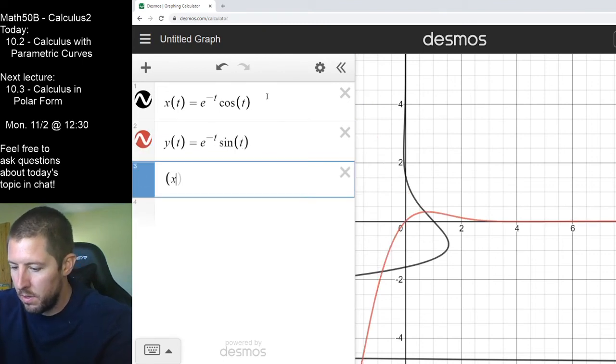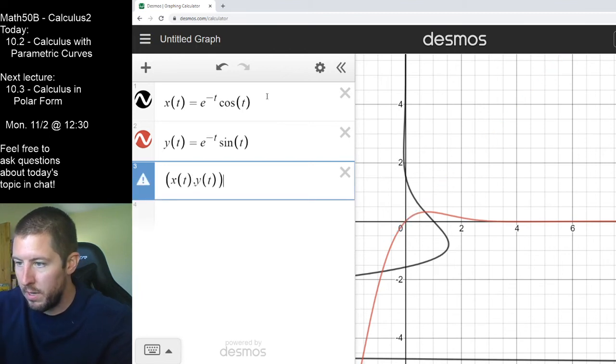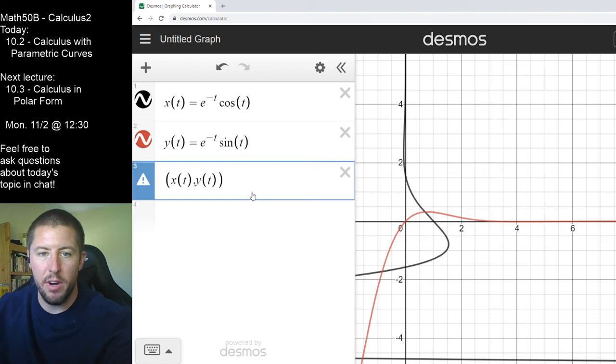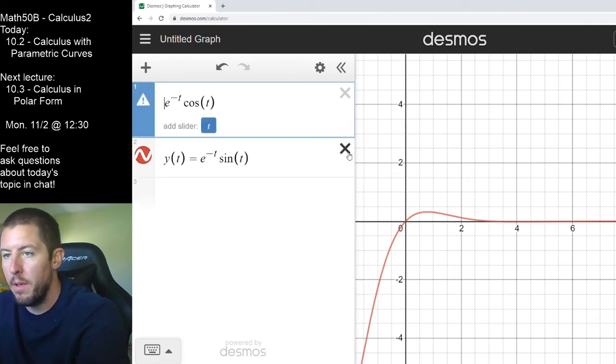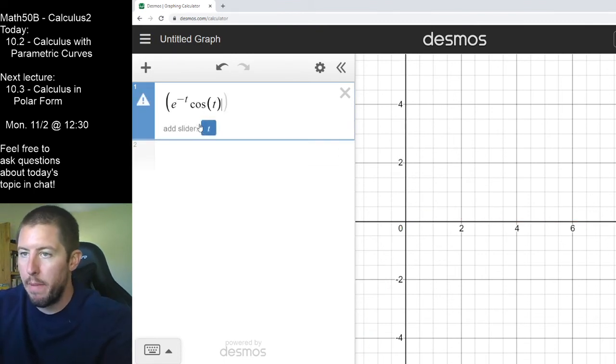Can I just do... Is it cool with me doing that? Apparently not. So that's kind of disappointing right there. I was hoping it was just going to let me throw those in there. I think it's only okay with like f of x, g of x, stuff like that. I don't think it's down with you naming a function x or y in here. So it doesn't look like that's okay. Oh well, that's okay. We tried. So let's go back to doing it in our ordered pair form here.